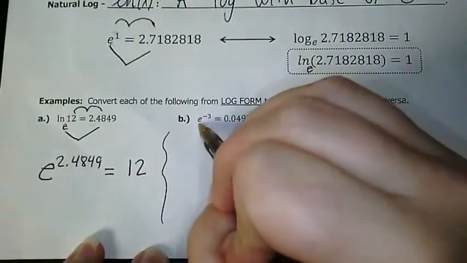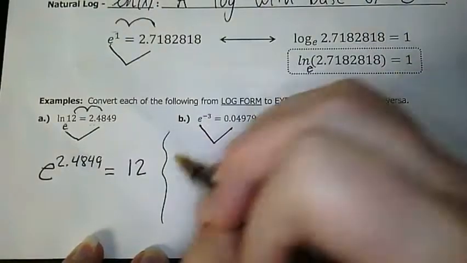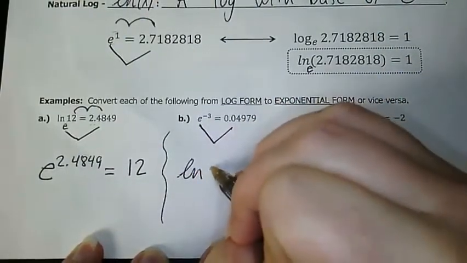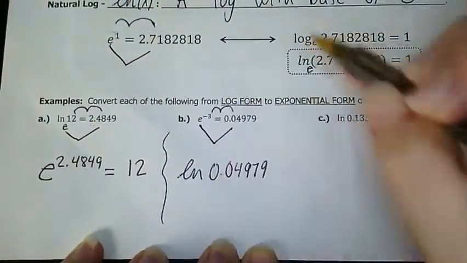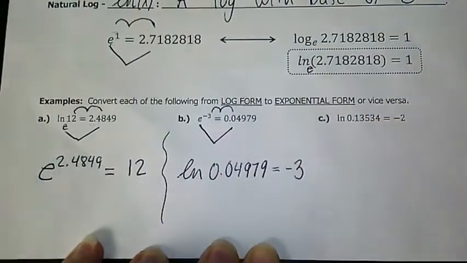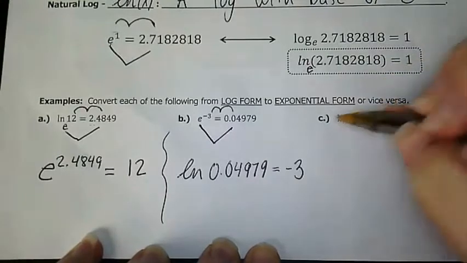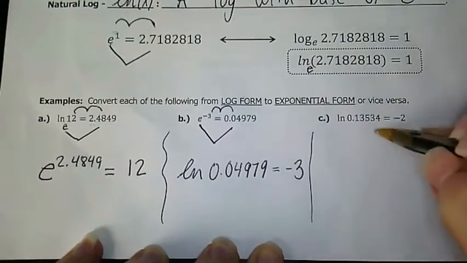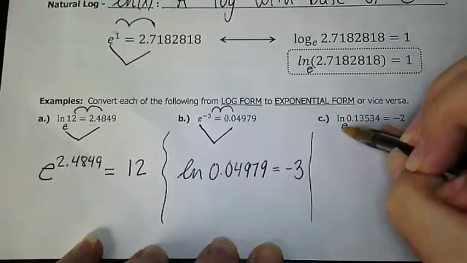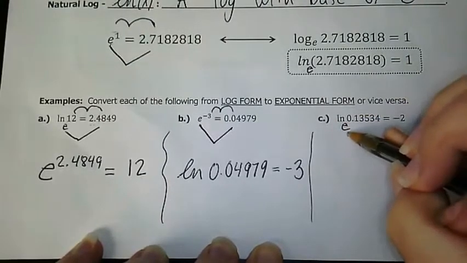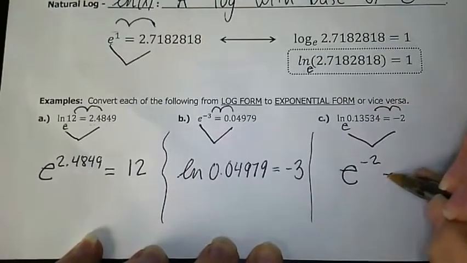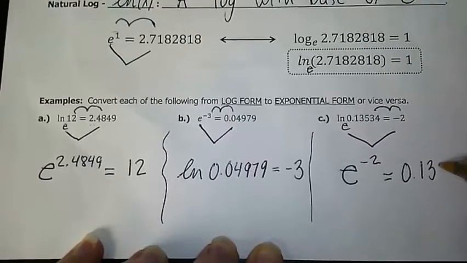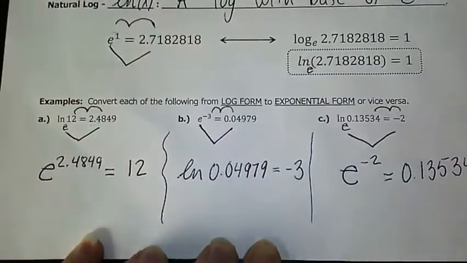So ln base e of 0.04979 is equal to -3. And then for the last one, we know our base is an e. So e raised to the power of -2 is equal to 0.13534.